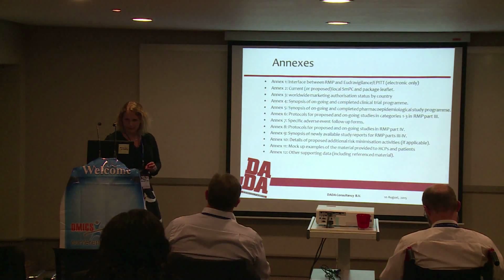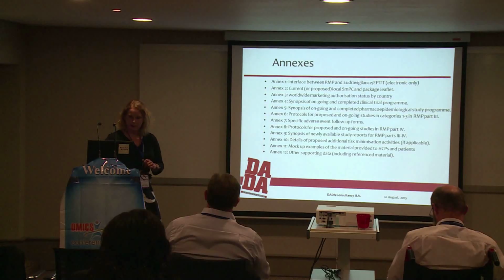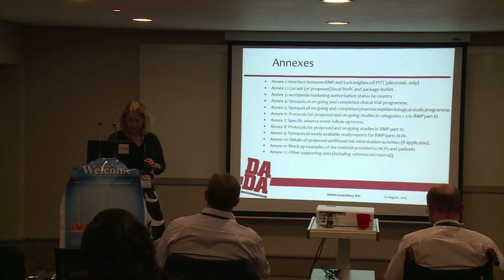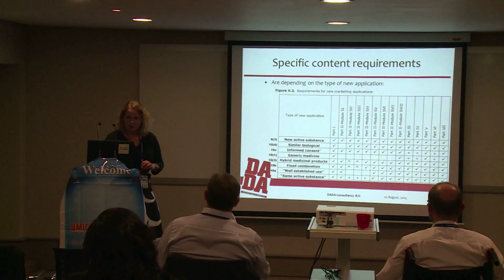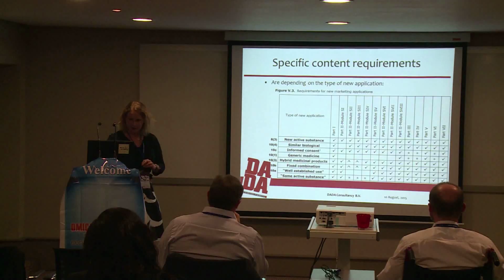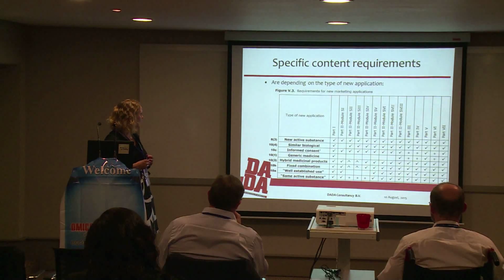Now, when is this RMP updated? I hinted on the annexes in part 7. I will leave this to you to read up later on. Specific content requirements. You can choose in the EU under what kind of article of the Directive 2001 on medicinal drugs you want to submit your product on, and that defines whether or not you have to complete certain modules.